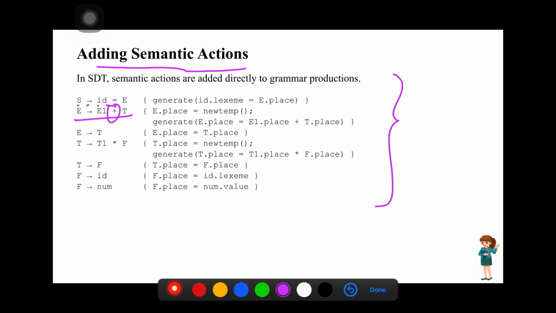Suppose we have A plus B. The compiler can generate T1 equals A plus B. Here T1 stores the result. Similarly, for multiplication, T1 equals B into C. The function newtemp creates a new temporary variable. The generate or emit function produces the intermediate code. So the semantic action tells the compiler what to do after recognizing a particular grammar rule.